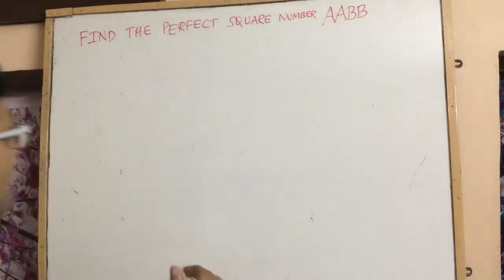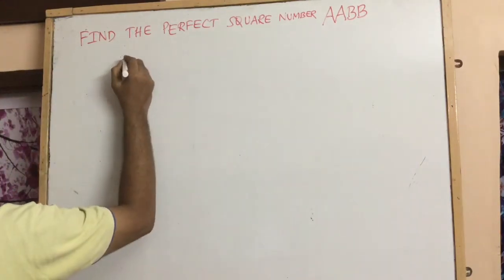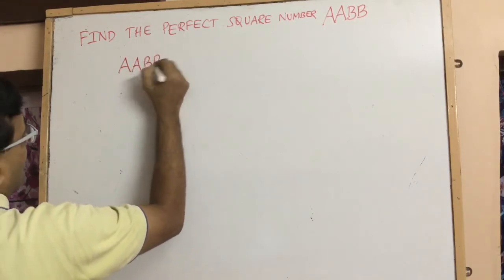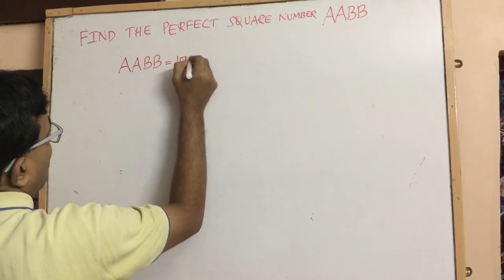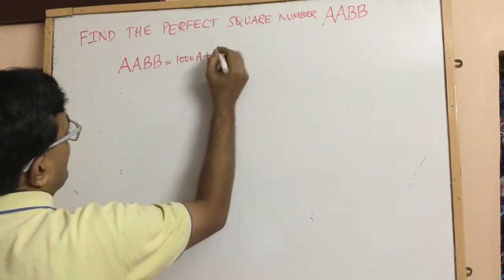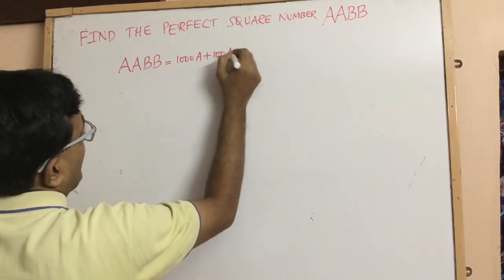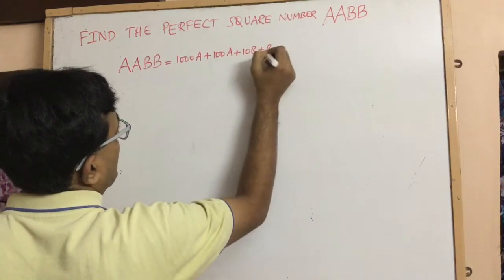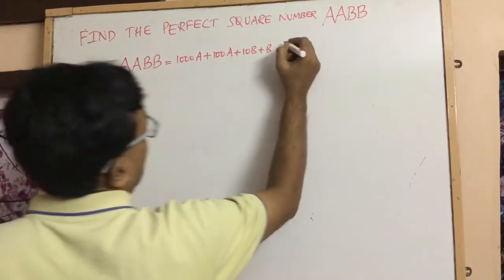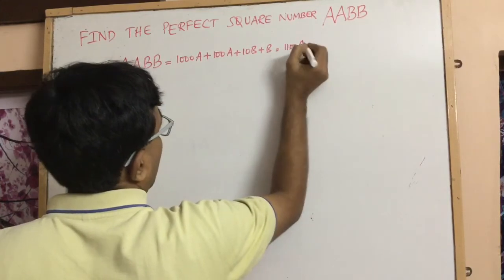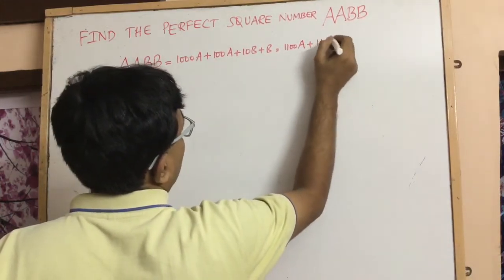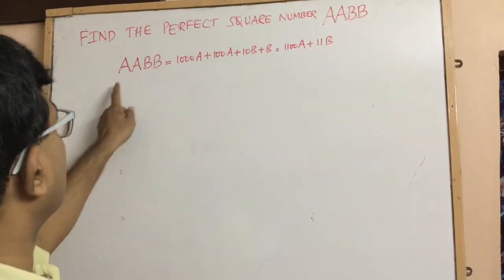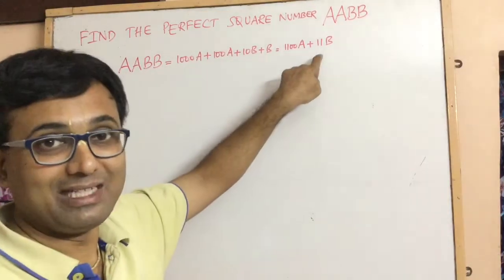Now we can write AABB in the expanded form in this way. This is 1000 times A plus 100 times A plus 10 times B plus B, or 1100 times A plus 11 times B. So it's pretty obvious that this number is going to be divisible by 11.